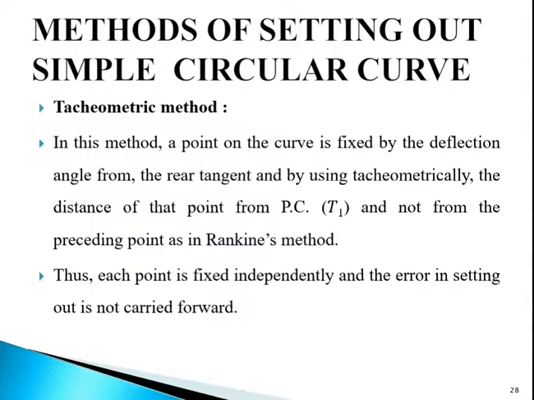In this method, a point on the curve is fixed by the deflection angle from the rear tangent, and by using tachymetrically the distance of that point from PC, or say point of curvature T1, and not from the preceding point as in Rankine's method. Thus each point is fixed independently, and the error in setting out is not carried forward.